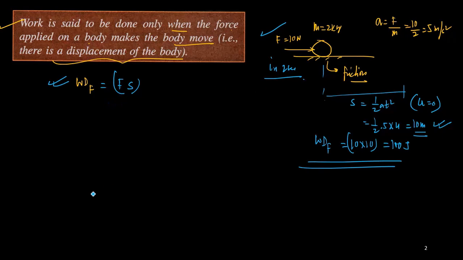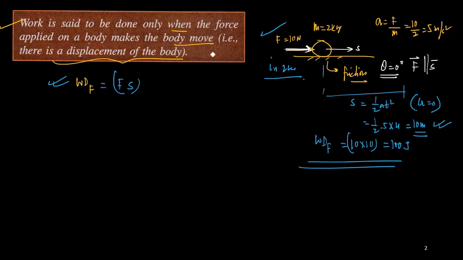Here the force is applied along the horizontal direction, and along the same direction the displacement takes place. So force and displacement are parallel to each other, which means the angle theta between them is 0 degree.